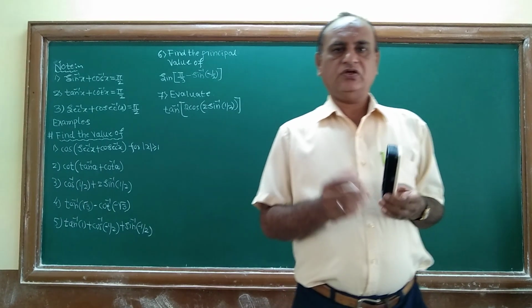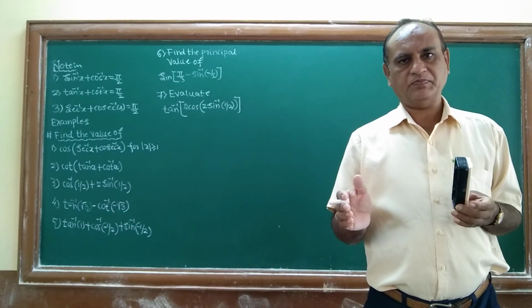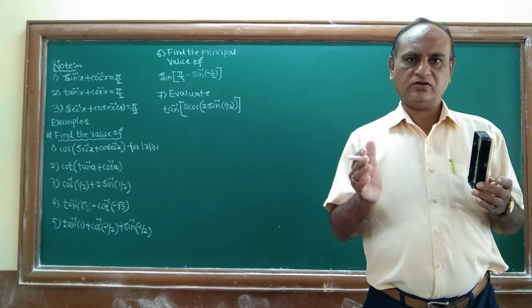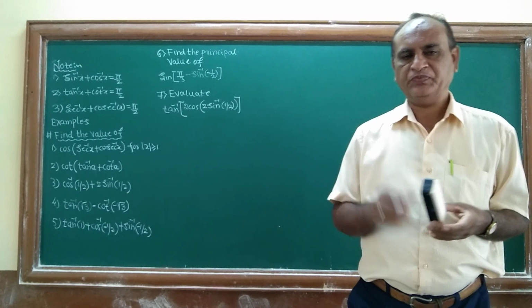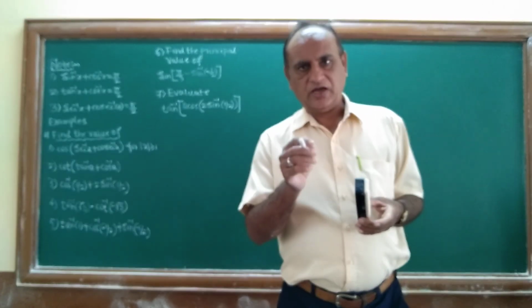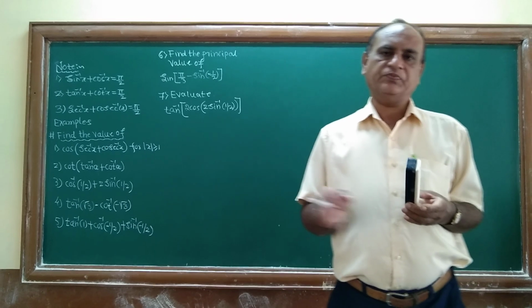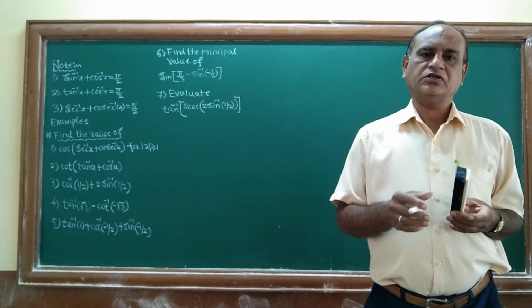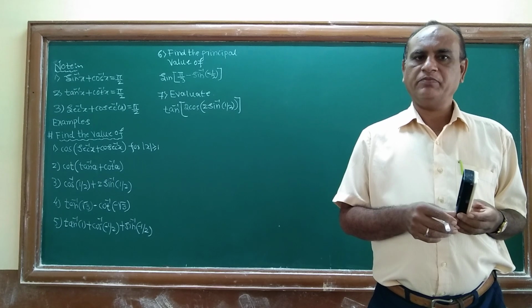First, sin inverse x plus cos inverse x is equal to pi by 2. This type of relation we can directly write, and its answer is pi by 2. Then tan inverse x plus cot inverse x is equal to pi by 2. On the same line, sec inverse x plus cosec inverse x is equal to pi by 2.